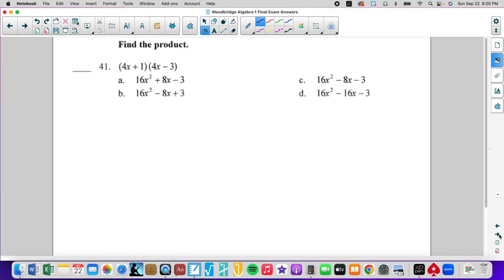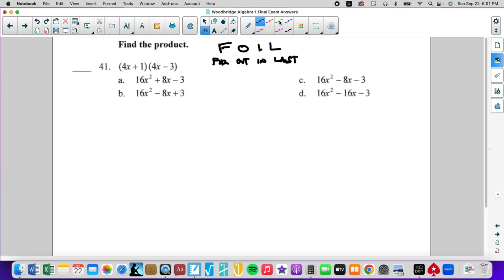Number 41. Stick with me, we're almost done. This is multiplying binomials. Binomials, two terms, a binomial times a binomial. We are going to use what some people call FOIL. FOIL: first, outer, inner, last. I call it double distribution.